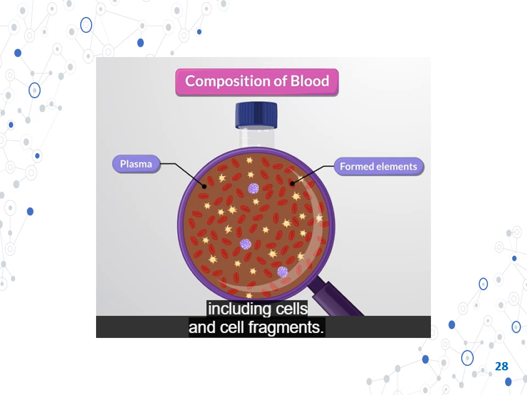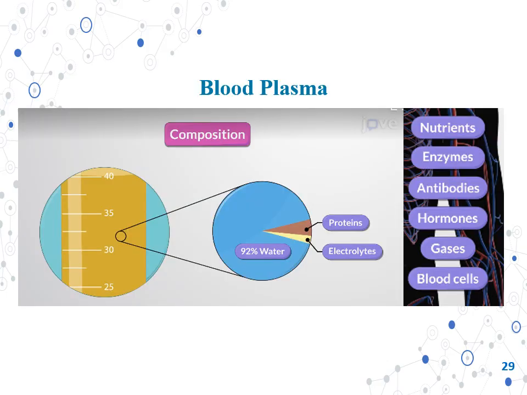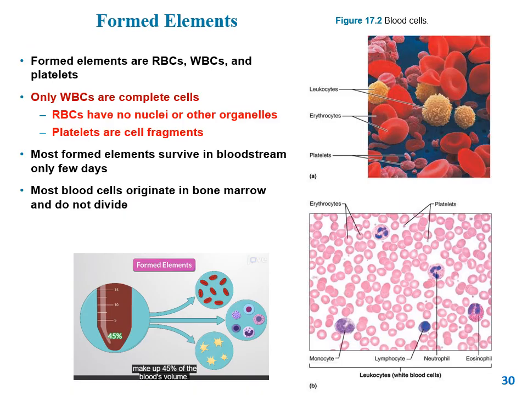All right. Looking overall at the composition of the blood, you have the liquidy part, that is your plasma, and then you have those formed elements. This picture is from a video from JoVE. You can watch it.